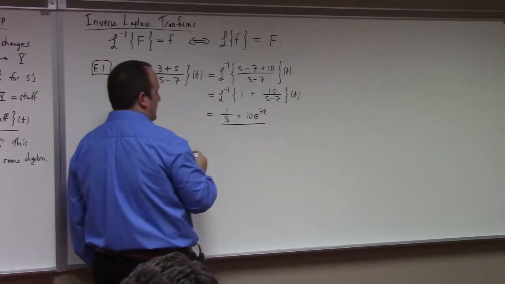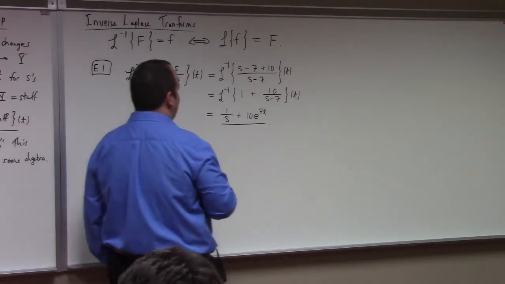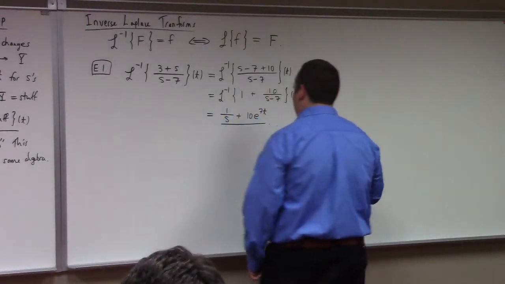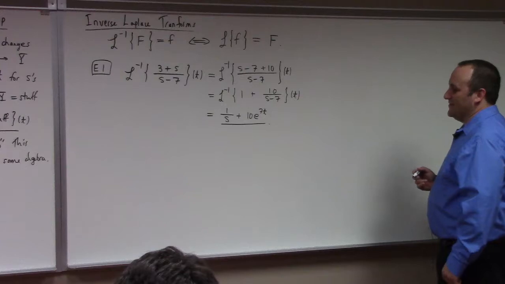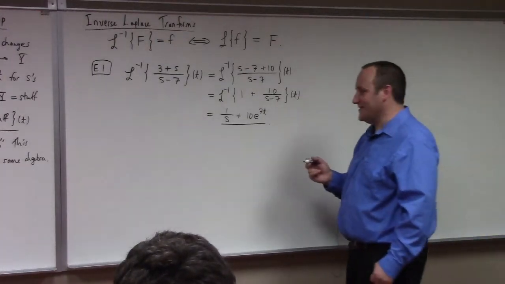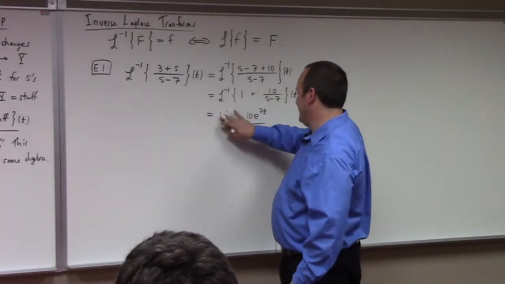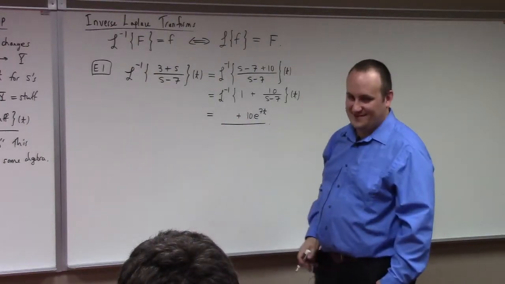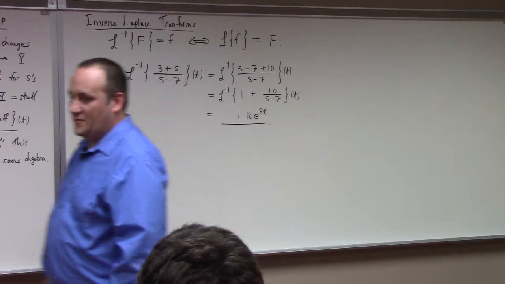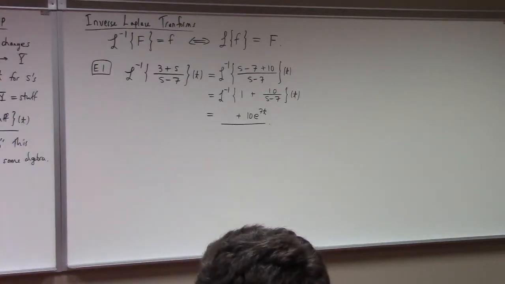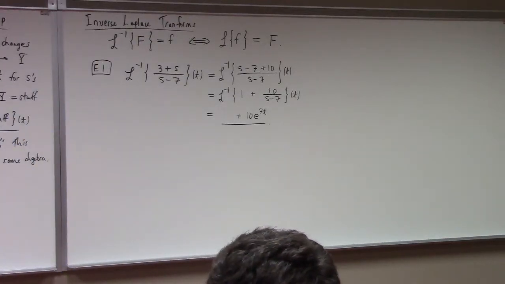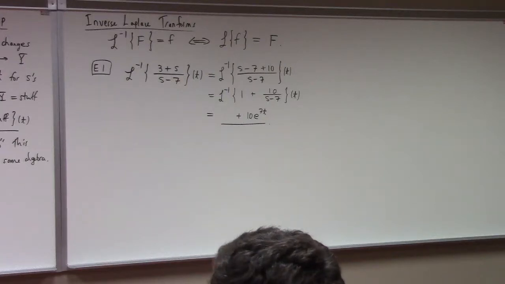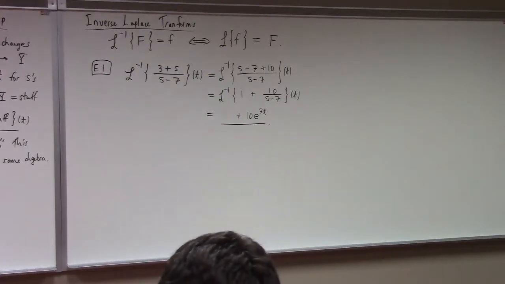I'm sorry, I can't do math. No, no, no. What's the inverse Laplace transform of 1? In other words, is there anything here that's just the number 1? It's not the case, right?